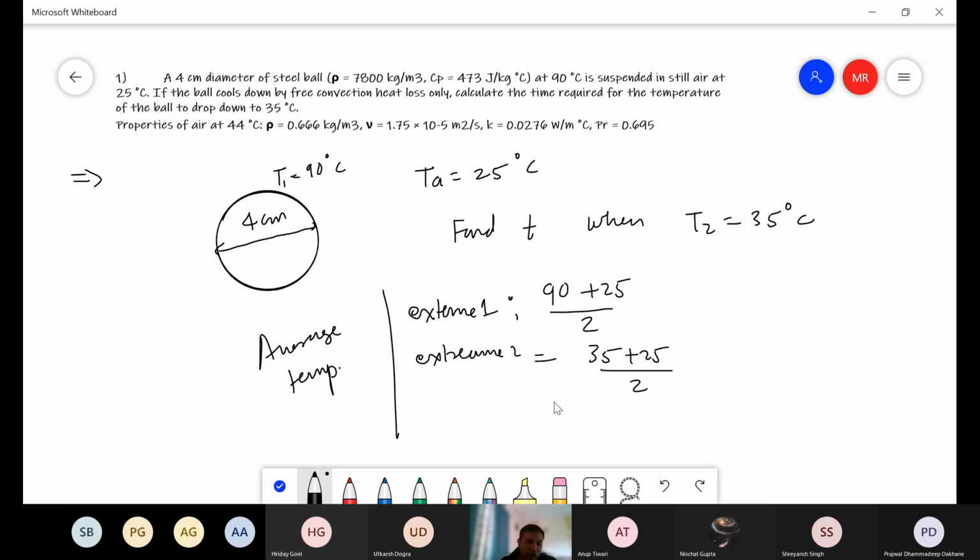If I take extreme 2, that is also not correct. So the best way is to take the average of both.